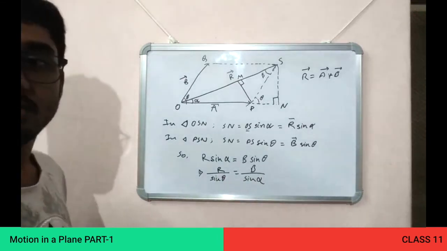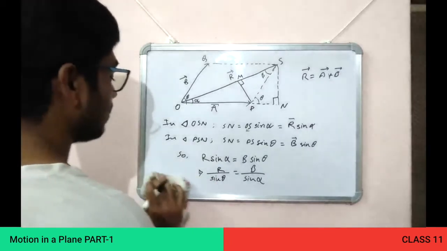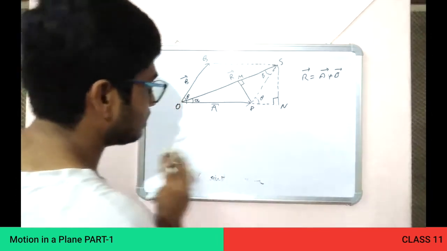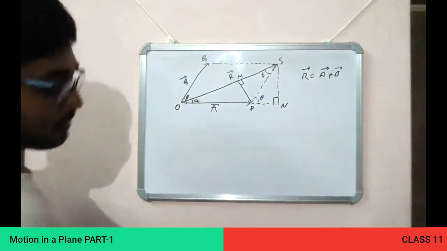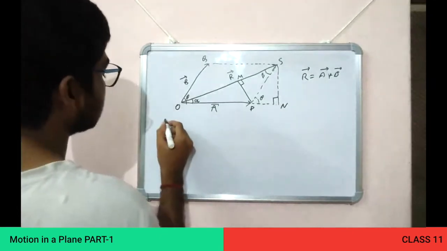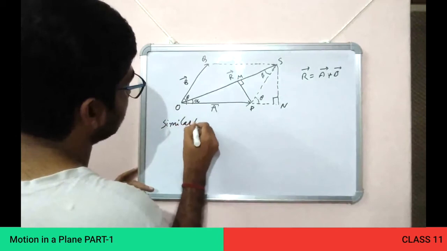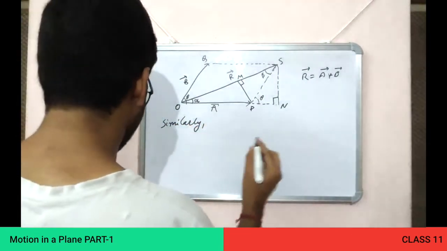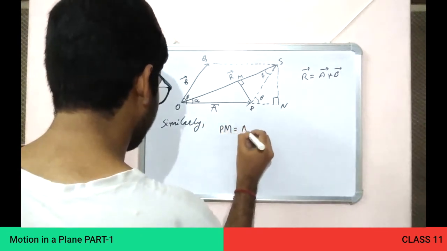Pause this video and continue with me. And similarly, considering this triangle, we can similarly show Pn is equal to A sin alpha.